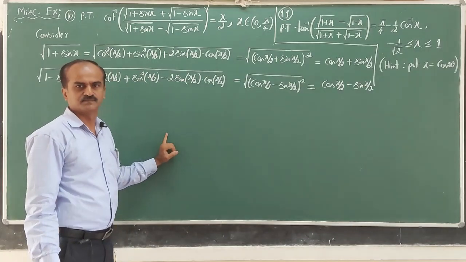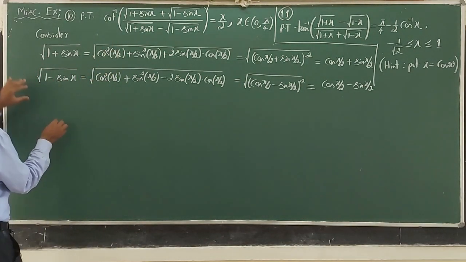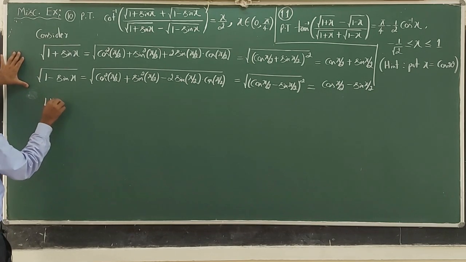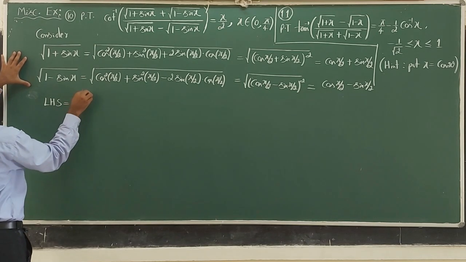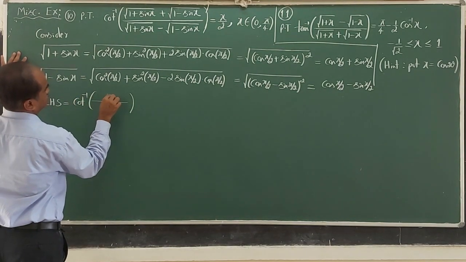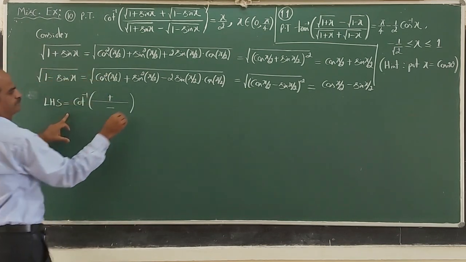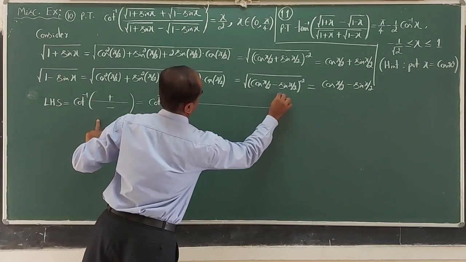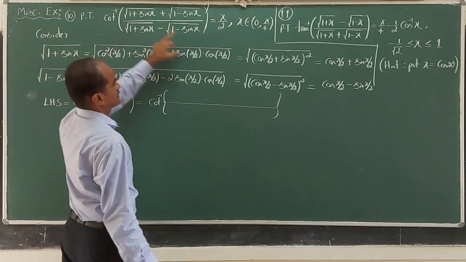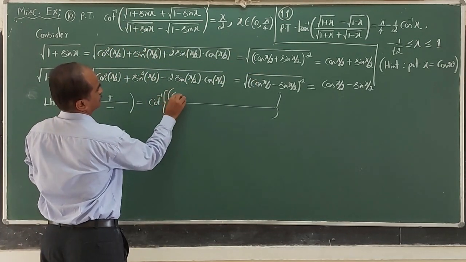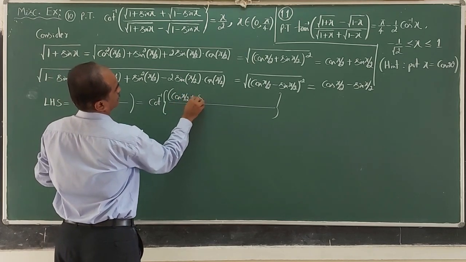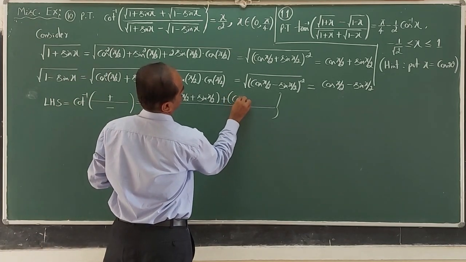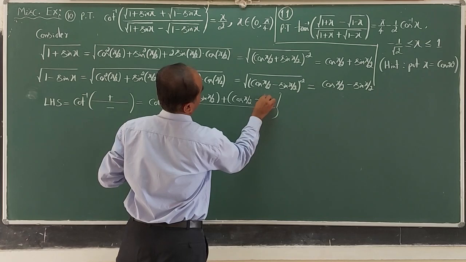Now we are going to use these results in order to prove that. So LHS equal to cot inverse of that expression you write, that is equal to cot inverse of, numerator: root 1 plus sin x, cos x by 2 plus sin x by 2, plus root of 1 minus sin x, cos x by 2 minus sin x by 2.